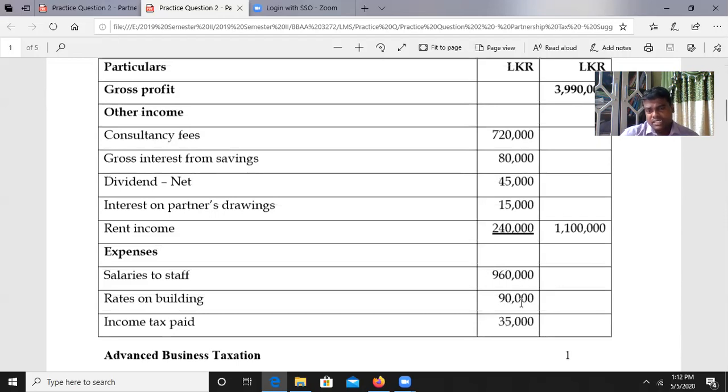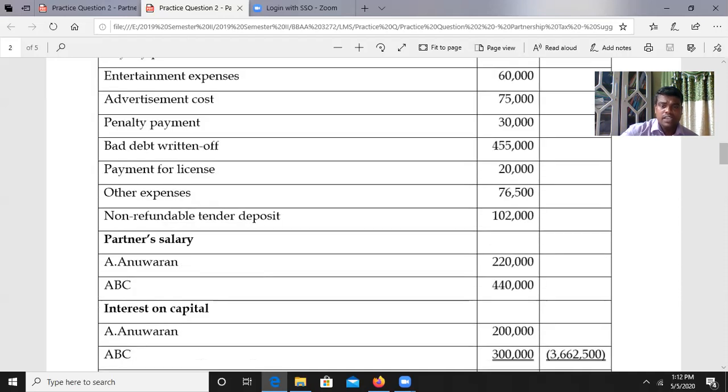From this 90,000, if 100% of the building were used for the partnership purpose, that 90,000 could be allowed as an expense when we calculate the assessable business income from the partnership. However, 1/3 of that building is given on rent. So this 90,000 cannot be fully allowed. 1/3 of the rates cannot be allowed. 1/3 of the rates means 90,000 times 1/3, which is 30,000.